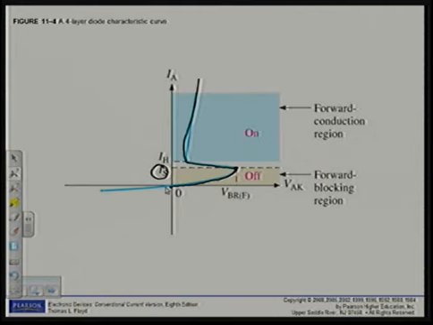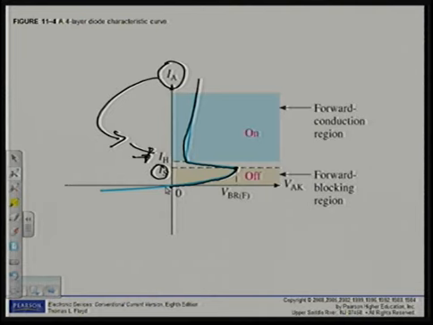At the moment that it remains on, there's another current there called IH. That is the holding current. This device will remain on as long as the anode current is larger than the holding current. As soon as the anode current becomes lower than the holding current, the device switches off.